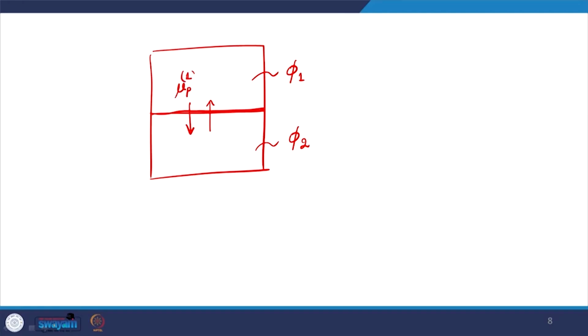For example, mu p in the first phase, if it happens to be more than the mu p in the second phase, you will have transfer of solute from phase 1 to phase 2. In other words, transfer happens in the direction of decrease of the chemical potential, or transfer happens from a higher chemical potential to a lower chemical potential.